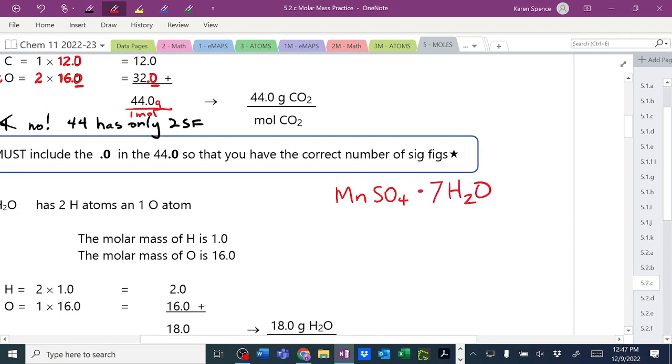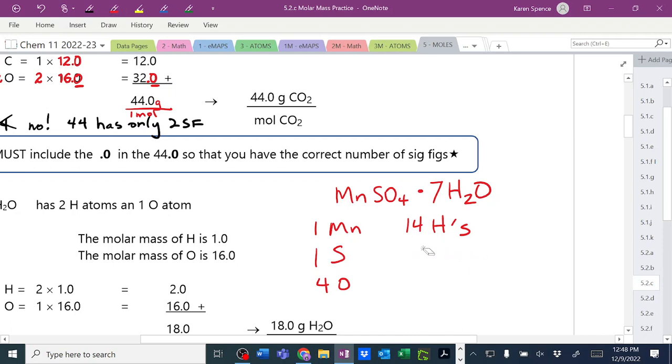And you remember it was like, okay, we have 1 manganese, we have 1 S, we have 4 O's, and then we have 7 H's, and we have 14 H's and 7 O's, and then we had to add all those up.